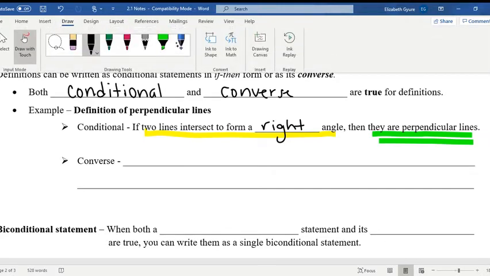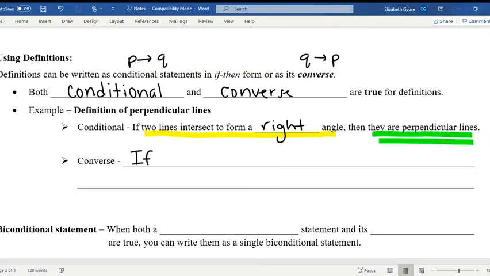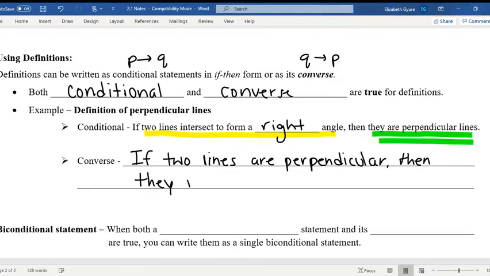So if we say, if two lines are perpendicular, then they intersect to form right angles.